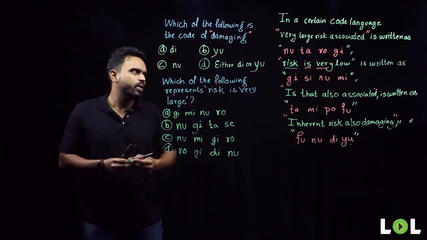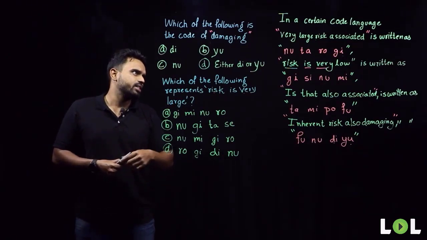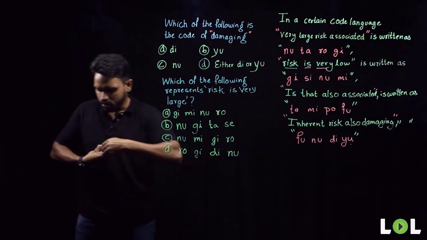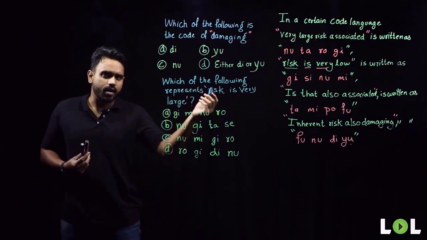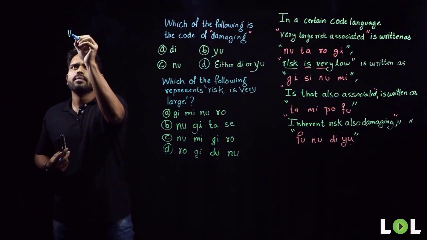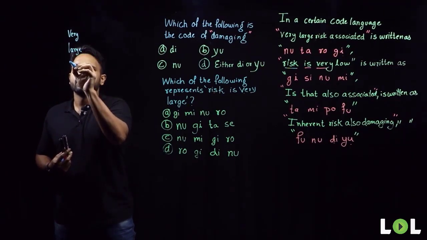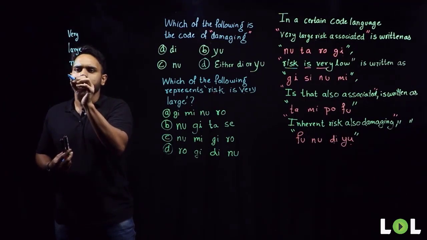So what we'll do is, we'll start with the first sentence. The first sentence says: very large risk associated. So I'll take down every word in the form of a column. Very, large, risk, associated.